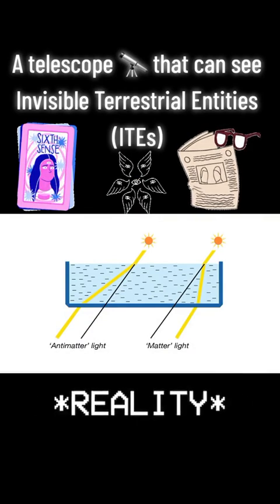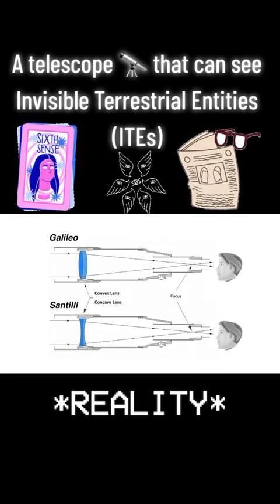As you can see in the diagram, we have two telescopes, the Santilli and the Galileo. Now, if you look closely, you'll see that the only real difference between the two is the lens. Notice that the Galileo uses a convex lens, whereas the Santilli telescope uses a concave lens.